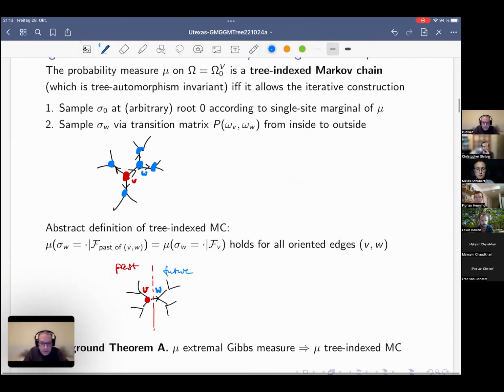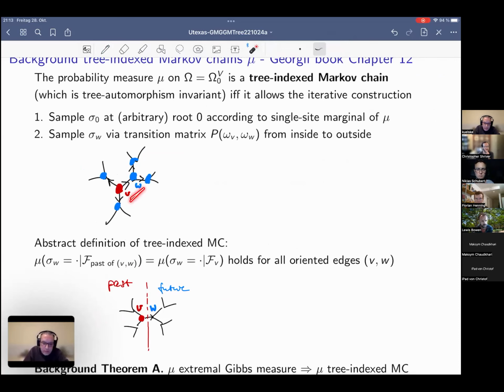Then you get the joint distribution of these two things by first sampling this one, and then sampling an omega W value given the omega V value according to this transition matrix. So this is actually a kernel. No? So if you fix this one, you sum over these ones, you get one. Probability kernel shall be a transition matrix, an infinite transition matrix. And you get the full measure if you go from the inside to the outside, and you get these two guys if you sample independently, given these two values to go from here to here.